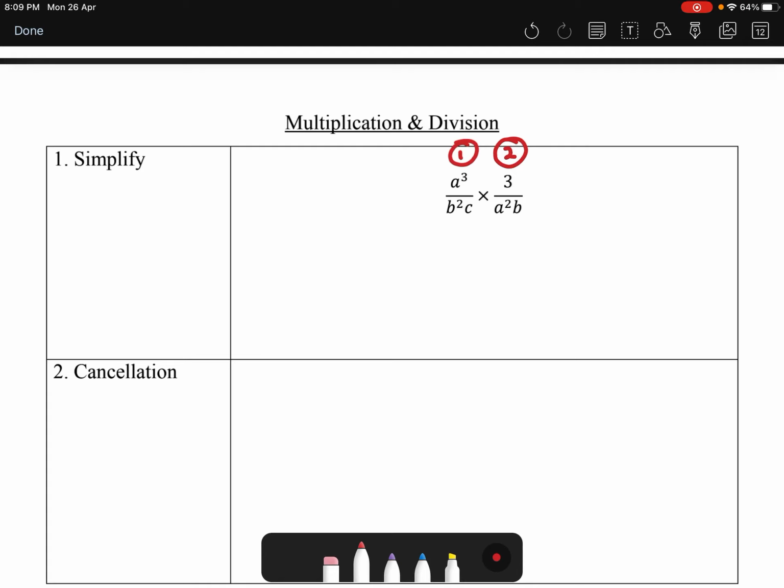Top times top is 3 times a cubed, so 3a⁴. Bottom is b squared c times a squared b.